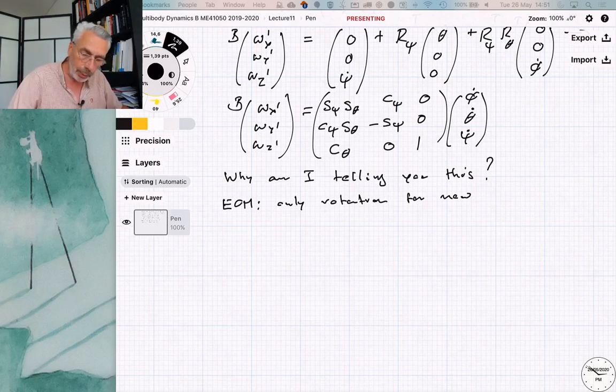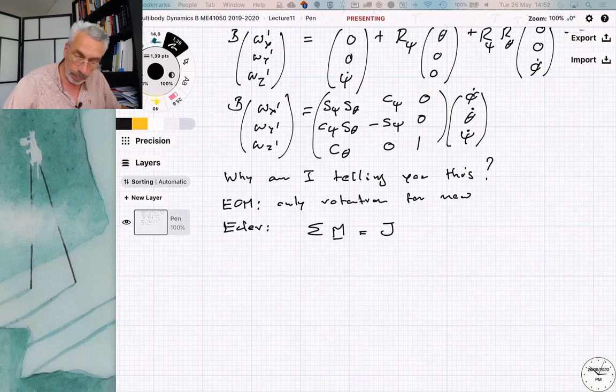So I'm looking at the Euler equation. So how does the Euler equation of motion look? Well, it's the sum of the torques is mass moment of inertia, I wrote a J, why I don't know, or whatever, J_C, mass moment of inertia, times angular acceleration plus omega cross J omega.